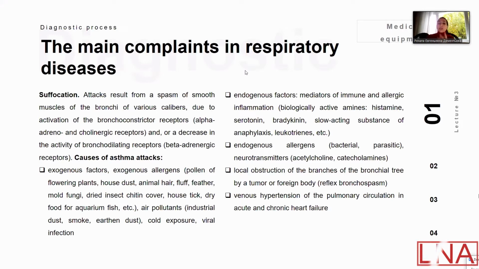Next, endogenous allergens like bacterial and parasitic allergens, neurotransmitters like acetylcholine and catecholamines.